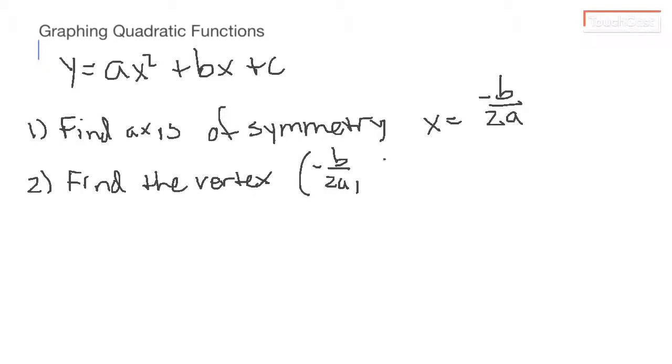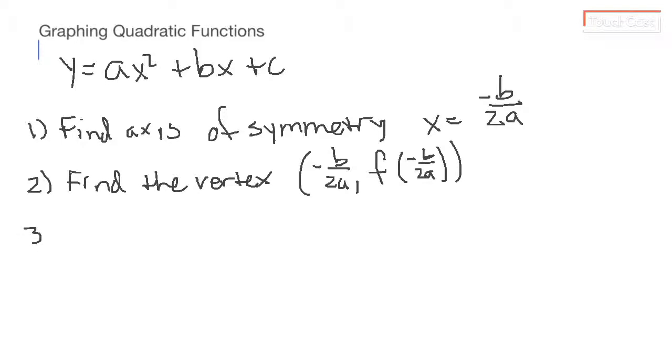So we're going to go f of negative b over 2a. So in the equation, y equals ax squared plus bx plus c, we're going to take negative b over 2a and plug it in.